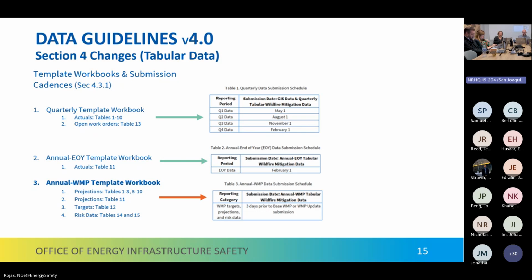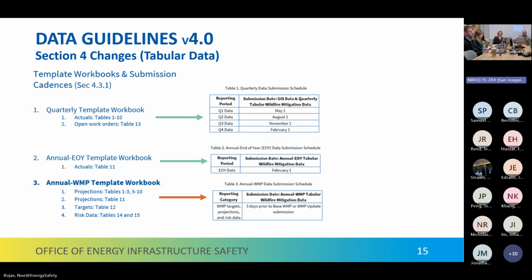Okay, I see that comment and we will get to that in the questions section. So there is a quarterly template workbook that is for reporting of actuals in the listed tables and open work orders for table 13, which are actual open work orders, but maybe not what we traditionally think of as actuals when we think of reporting. The annual end of year template workbook allows for reporting of financial actuals.